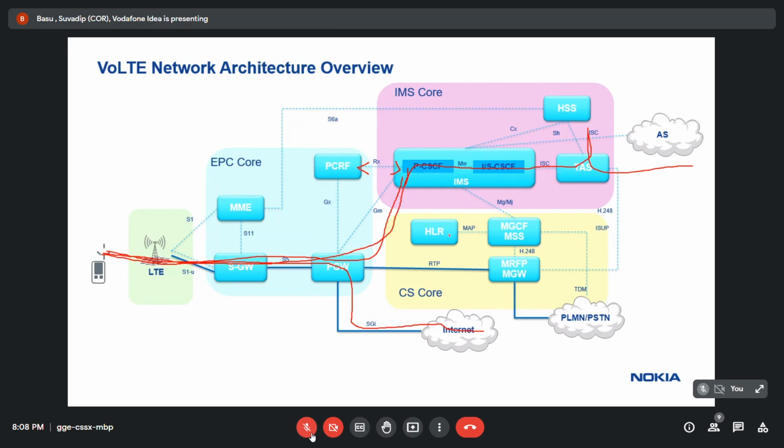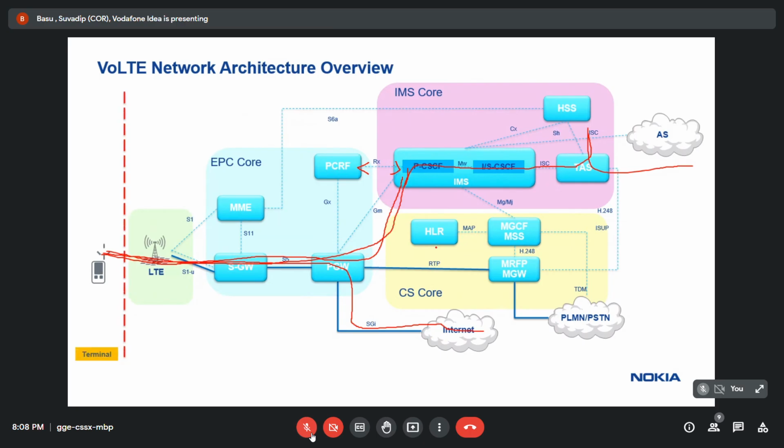When the call is happening inside the CS core, this is a total TDM link. When the P gateway is talking on the voice side, this protocol which you see here is RTP, where the priority is given to the voice packets. So these are the basic interfaces of the VoLTE network.